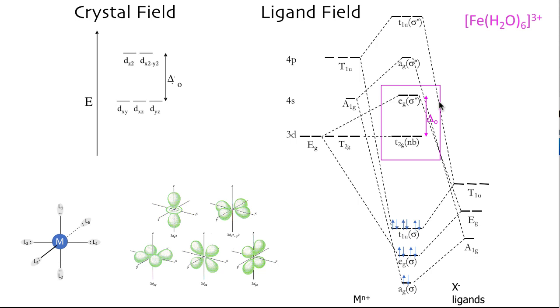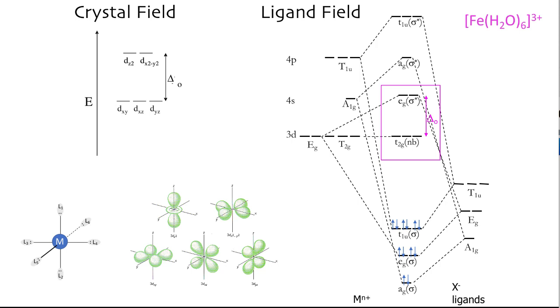So those electrons will fill into the d orbitals here. Now, whether the electrons fill all in the lower t2g or distribute between the t2g and eg depends on the strength of our ligand field, which is dependent on several factors, including the type of ligand and the oxidation state of the metal, and so forth.